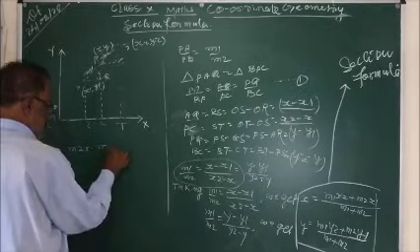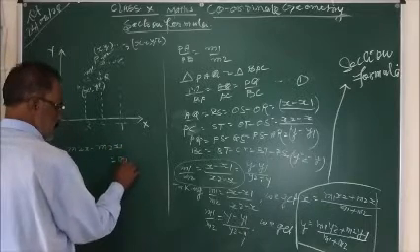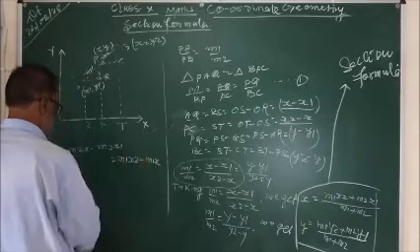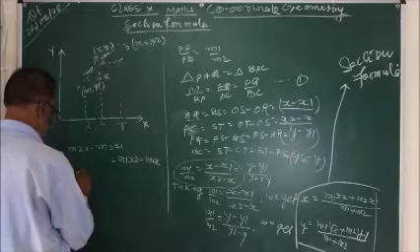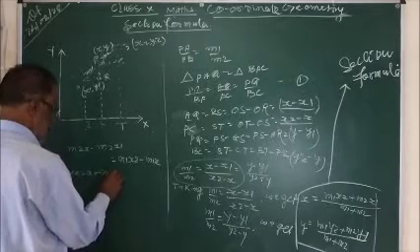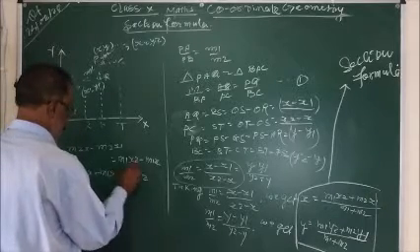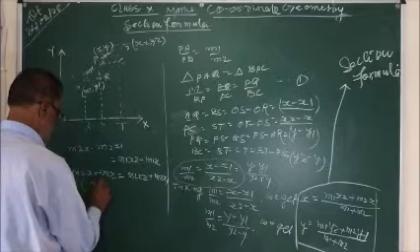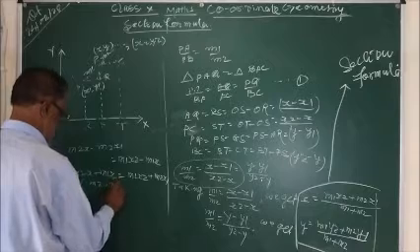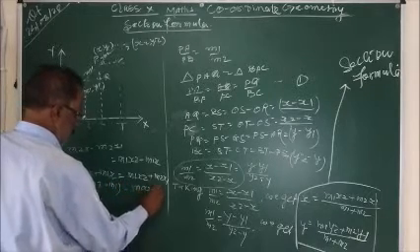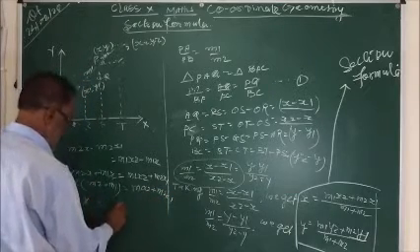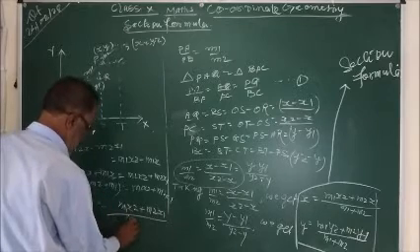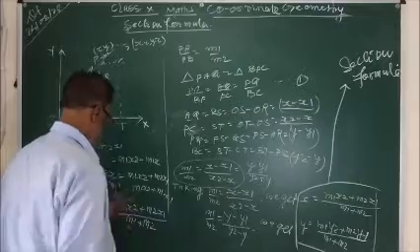M2x minus M2x1, और इसी करके क्या हो जाएगा M1x2 minus M1x. x वाले को इधर ले आते हैं. तो M2x प्लस M1x, क्योंकि x का वैल्यू निकालना है, तो इसको इधर लाएंगे, प्लस हो जाएगा M2x1. ये x कॉमन कर लीजिए, M2 plus M1, and this is M1x2 plus M2x1. x is equal to M1x2 plus M2x1 upon M1 plus M2.